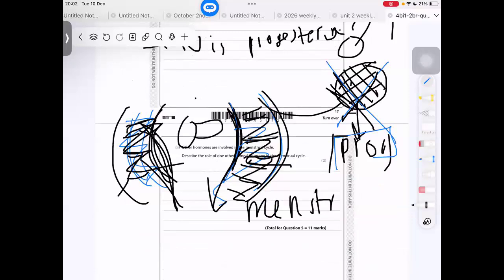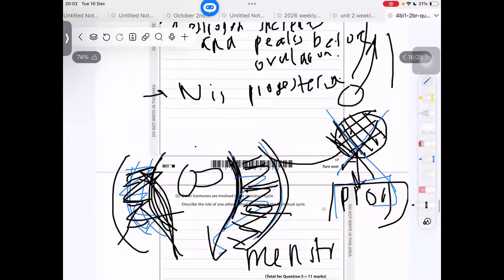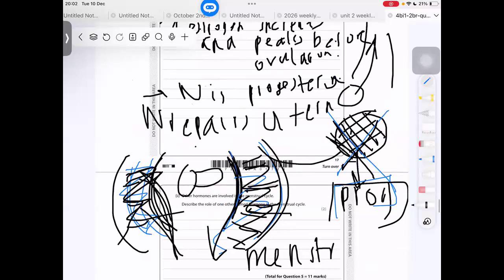For that also you need the progesterone. So you can write down N repairs the uterine lining. Not just that, it also maintains it. And you can also write down another function: it inhibits FSH.